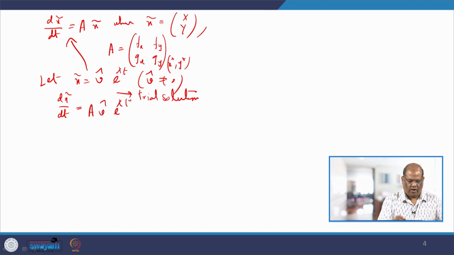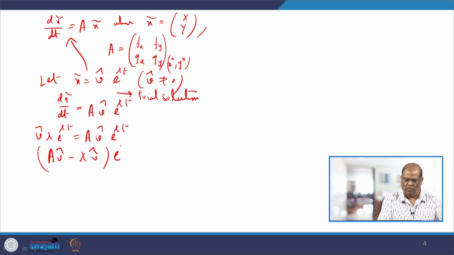If I substitute it here, what I get is lambda v hat e to the power lambda t equal to A v hat e to the power lambda t. Now, clearly e to the power lambda t is not equal to 0, which means we can write this as A v hat minus lambda v hat into e to the power lambda t equal to 0.